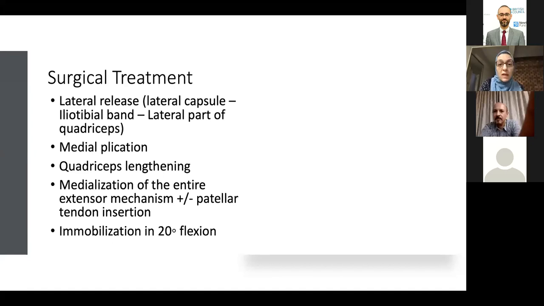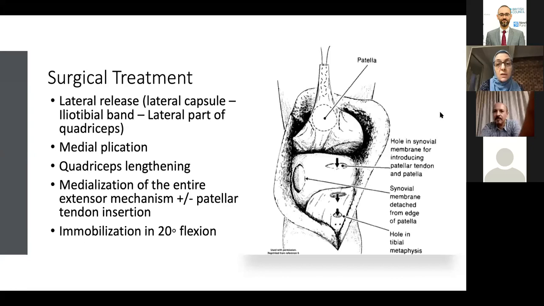This is the original technique where he removed the patellar tendon insertion totally, changed the position of the patella more anterior than lateral, and then reinserts the patellar tendon into a new site on the front of the tibia.